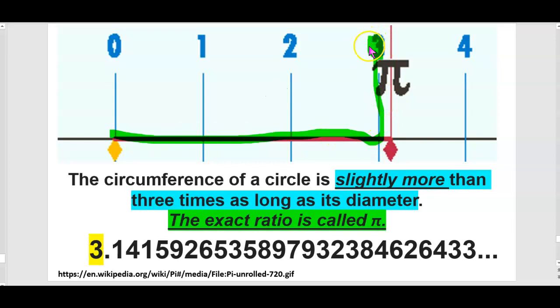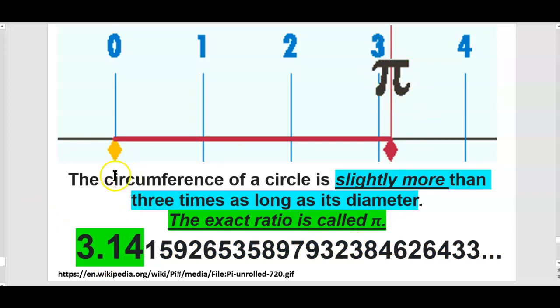But see this fraction here afterwards? 1, 4, 1, 5, 9, 2, 6, 5, 3, 5, 8, 9, 7, 9, 3, 2, 2. Some people memorize hundreds and thousands of these digits after the decimal. It's insane. That's what this is. Yeah, it's an irrational number. That's why it goes on forever. Yep, that's pi for you.